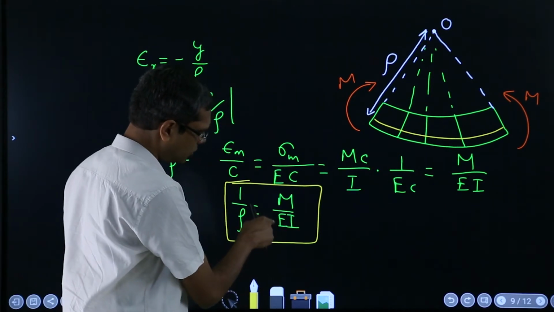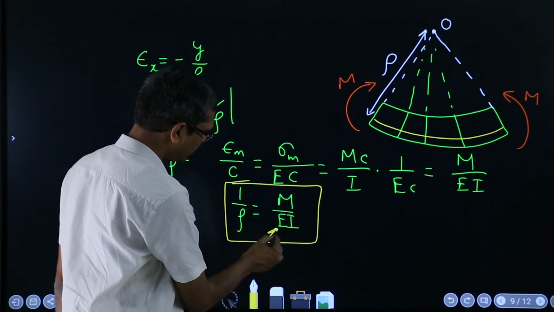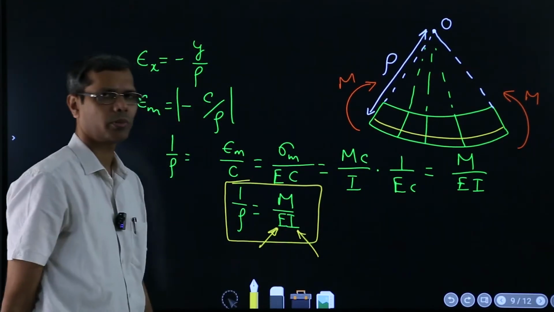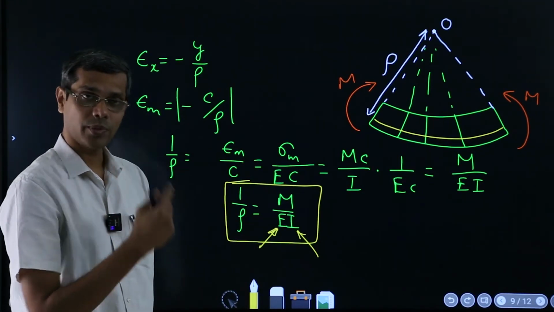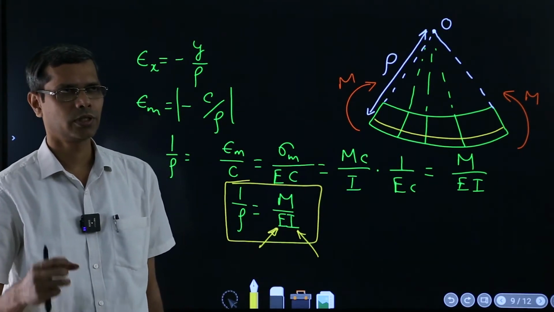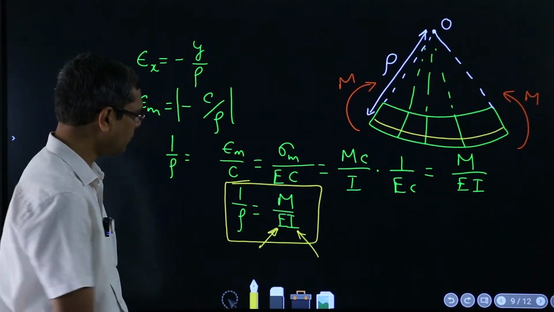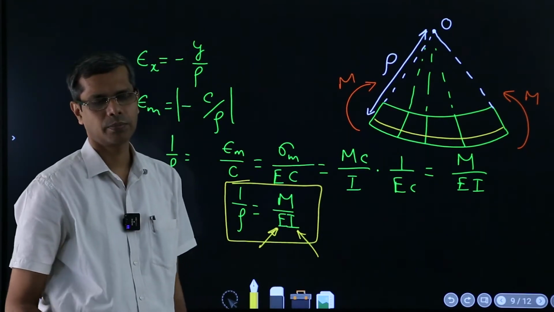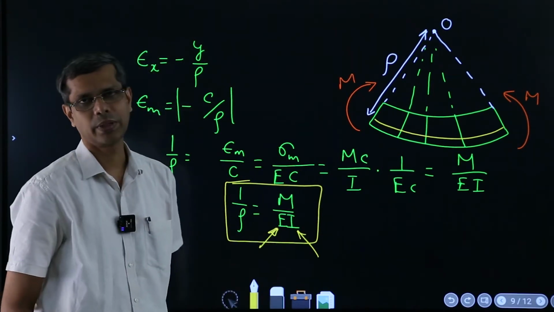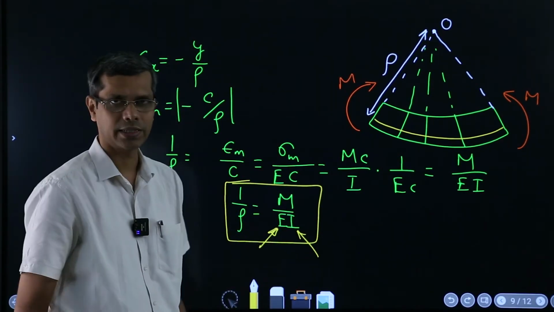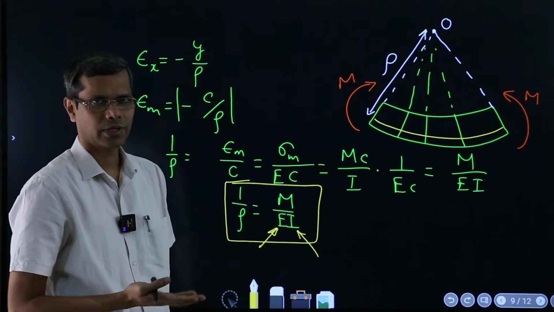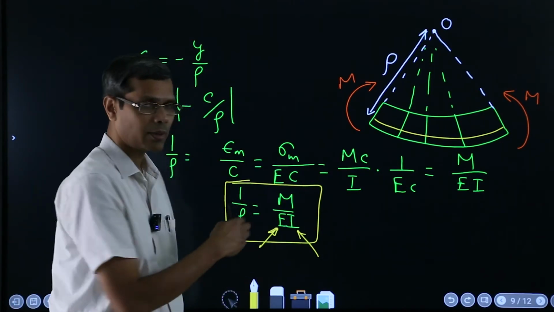And then these two things you just observe, one of them is a material property and the other one is a geometric property, but both of them are contributing towards the radius of curvature for a given applied moment. If you use a material whose E is higher, then your curvature will be reduced, that means rho will increase, the radius will be increased, that means it will be more flat, it will not be curvy for the same moment.